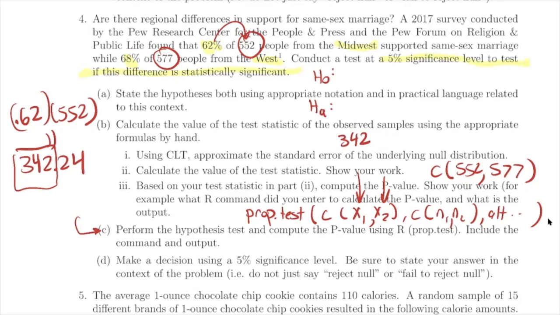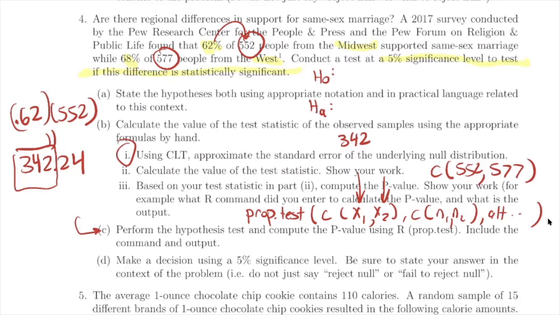Yeah, no, it works. Is it okay that my answer and the prop test output are different? You mean when you did it using the method up here, using the central limit theorem? Yeah, the p-value that you get is going to be a little bit different.